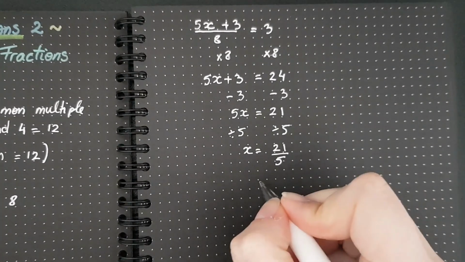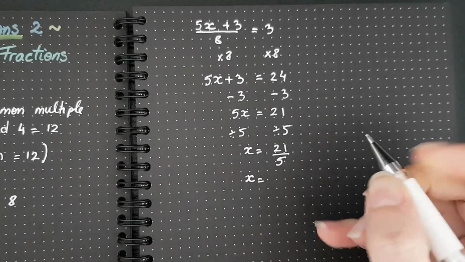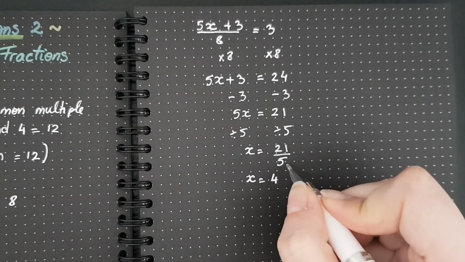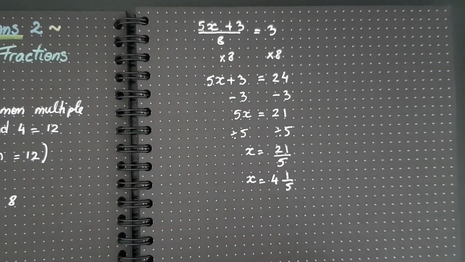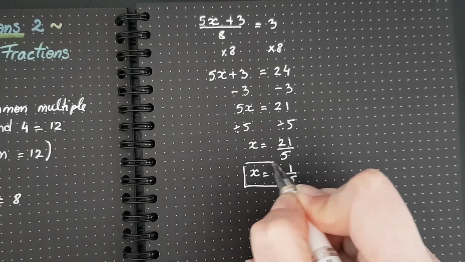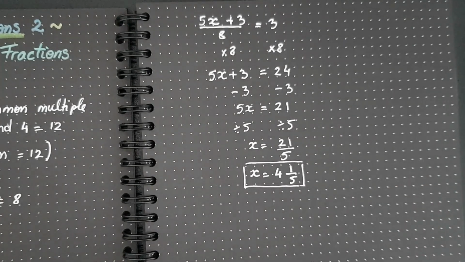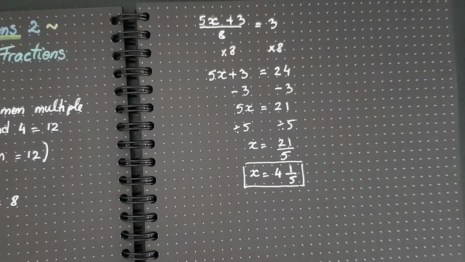I'm going to think about how many 5s go into 21, and that's 4. What's the remainder? 1 over 5. So again, I've changed it into a mixed number, and this is my final answer over there.